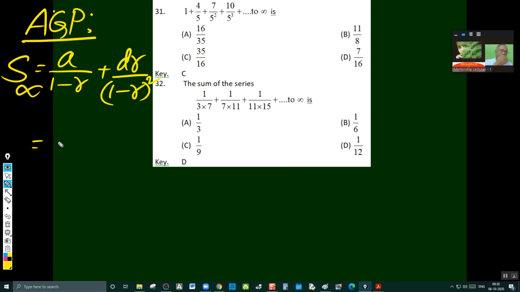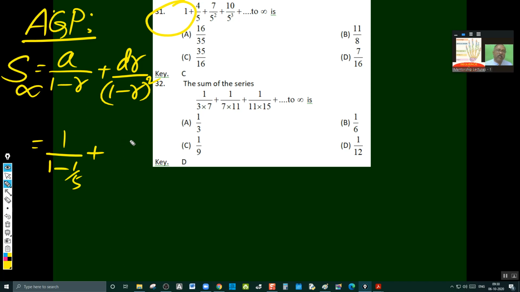What is A here? 1. And don't forget that the first term must always be 1 in the given series. If it is not 1, you have to make it 1 by taking something common. Whatever the common factor is, you have to take it common. 1 minus, what is R, please? 1 by 5.